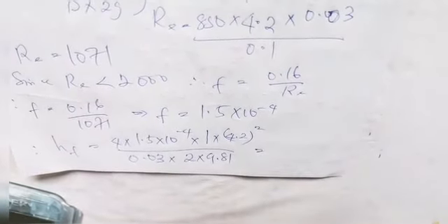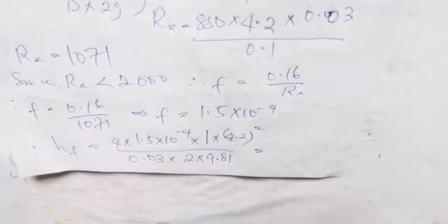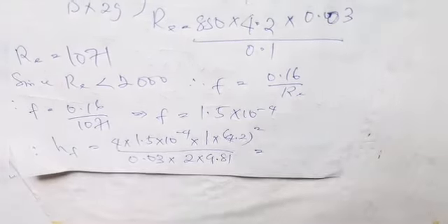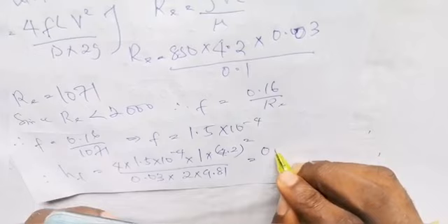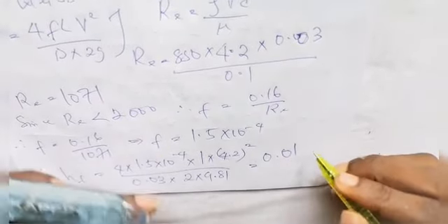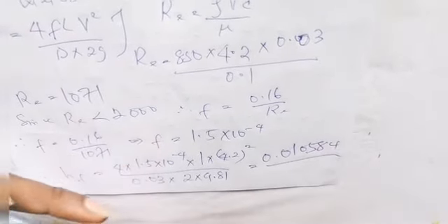So as usual, let me compute the numerator first. 4.2 squared multiplied by 1.5 exponential minus 4 multiplied by 4, you have 0.010584, all divided by the denominator.